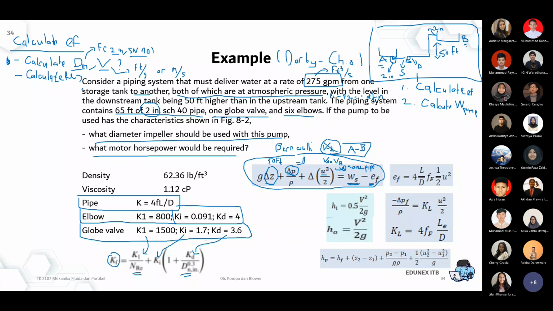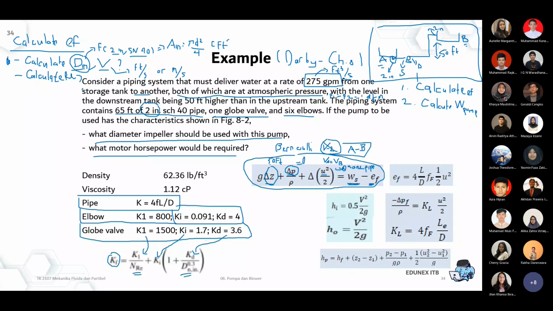You divide it by your cross section of the pipeline, which can be calculated from your inside diameter. So your inside cross-sectional area would be, what's the formula? Pi d squared per 4. So that gives you your square feet.